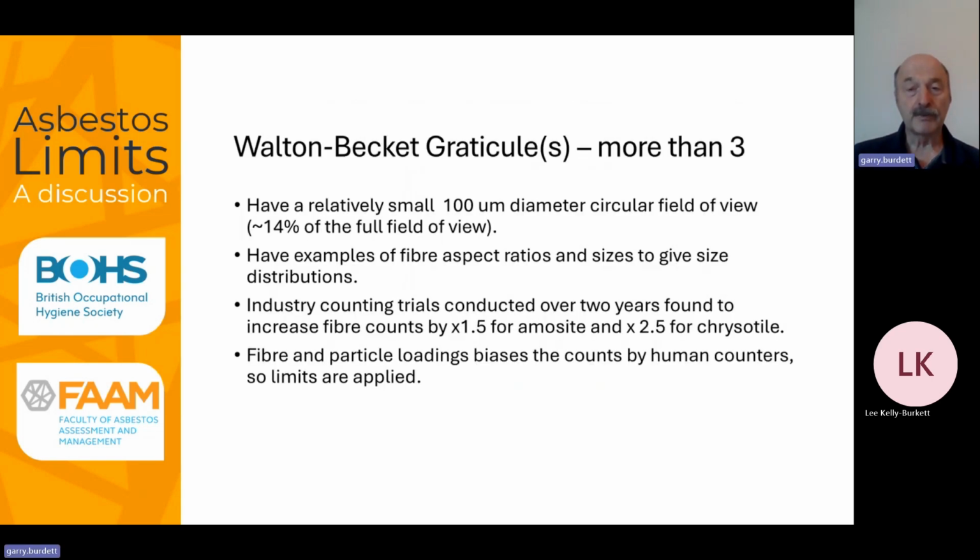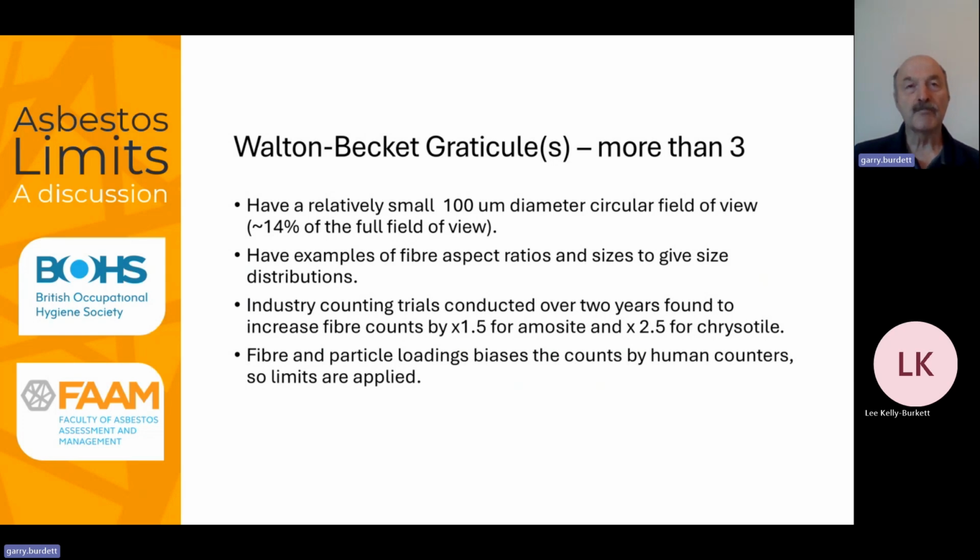So there are a number of Walton-Beckett graticules. Some of the characteristics: they are all 100 micron in diameter. They take up about 14% of the field of view of an optical microscope. They have various fibre aspect ratios and sizes for size distributions. When this was introduced, they found that it did increase fibre counts, by a factor of 1.5 for amosite and 2.5 for chrysotile.